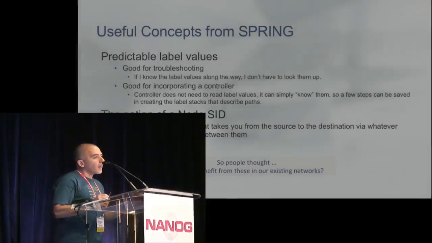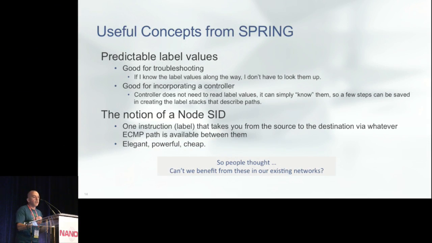Okay, getting to the main points that I'm trying to make here. First, the two main insights that come out of this whole Spring discussion that I wanted to bring out were these. There's certain goodness in having predictable label values, especially for your destinations. Well, that's what the destination IP does.